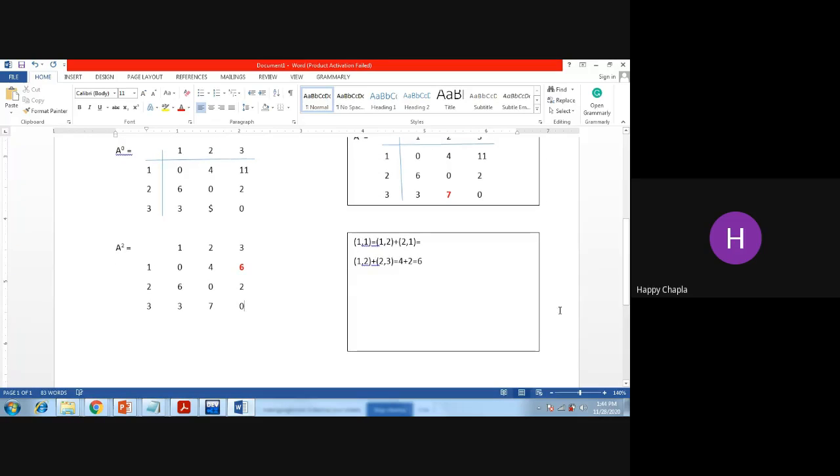Now try to write the next matrix, which is A of 3. जितने भी नोड है उतने मैट्रिक्स बनने चाहिए.